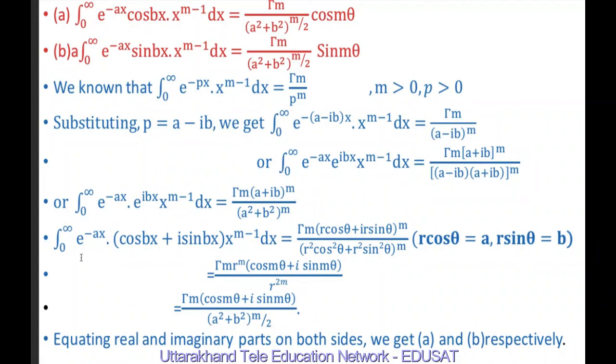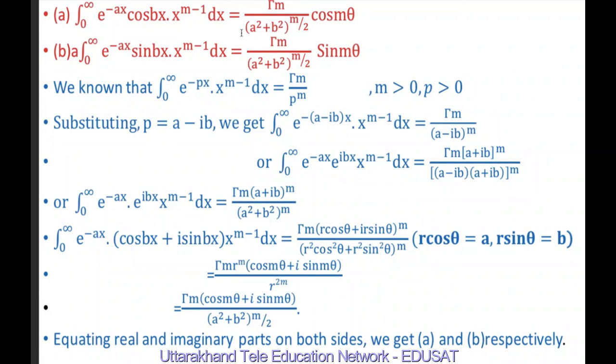Because this is a complex number, and this is also a complex number because we have an imaginary number here, two complex numbers are said to be equal if their real parts and imaginary parts are separately equal. If we equate the real parts on both sides, we get the integral from 0 to infinity of e raised to minus ax cos bx x raised to m minus 1 dx is equal to gamma m cos m theta upon (a square plus b square) raised to m by 2.